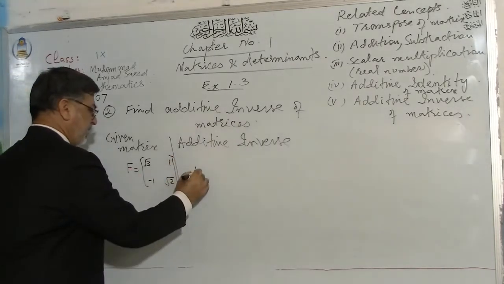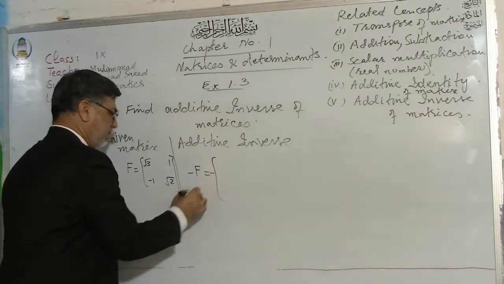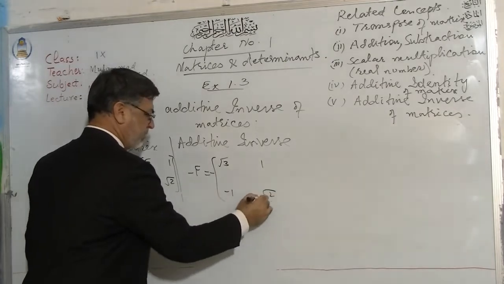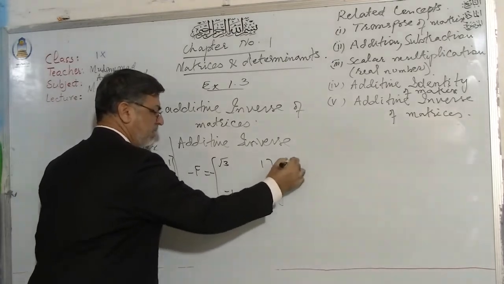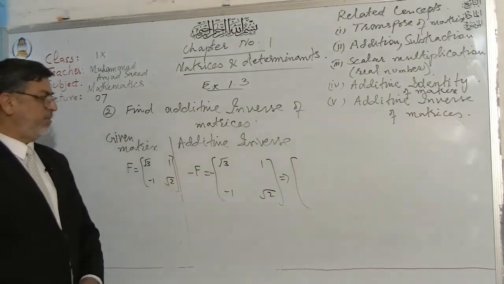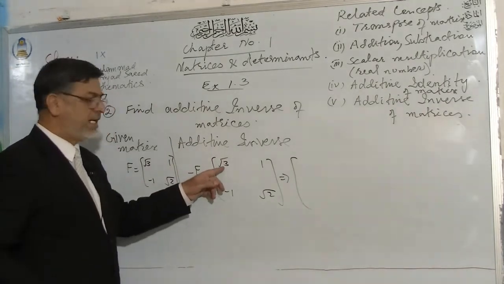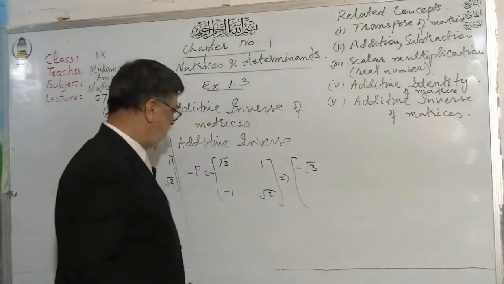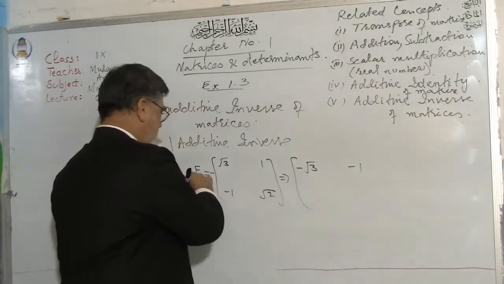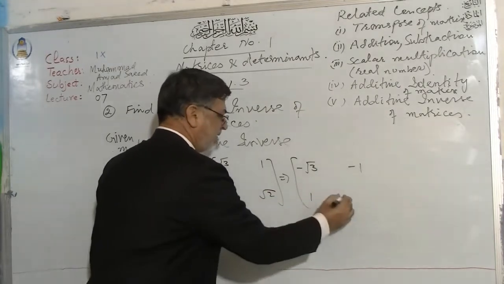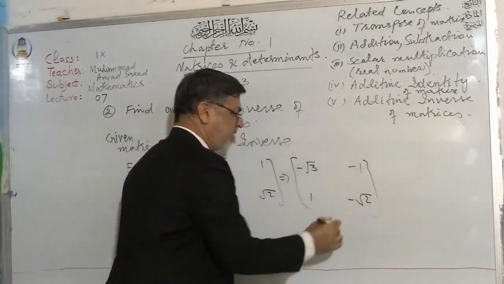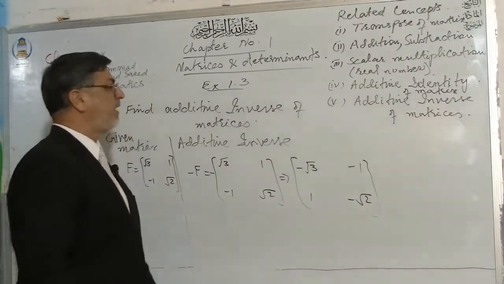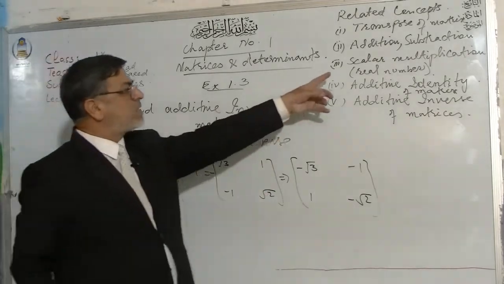Additive inverse of F is minus F. Multiply with the negative sign, but remember this minus sign will not go inside the square root sign. You will write down minus 3 under root like this. Here is minus 1, minus minus plus 1, and then minus 2 under root. That is the additive inverse. After that, we have question number 3 relating to scalar multiplication.